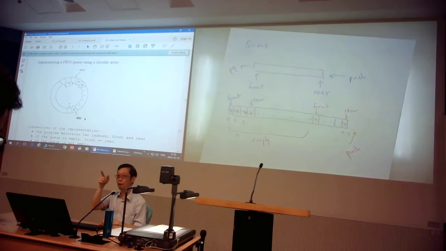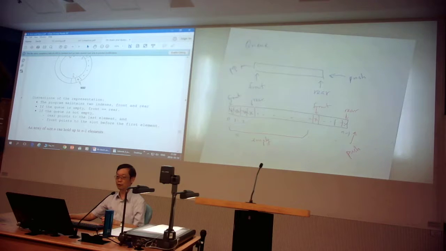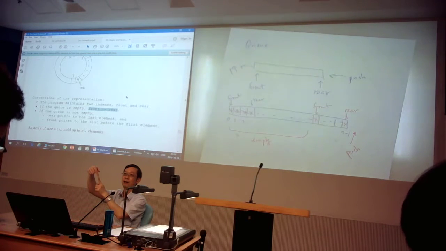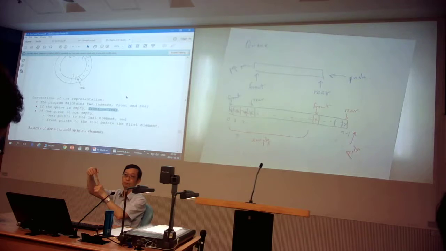The index will always be within the range from 0 to n-1. It is not appropriate to give a negative index to a ring structure. Now we will use one special case. Whenever front is equal to rear, it means that we don't have any data items in the queue.